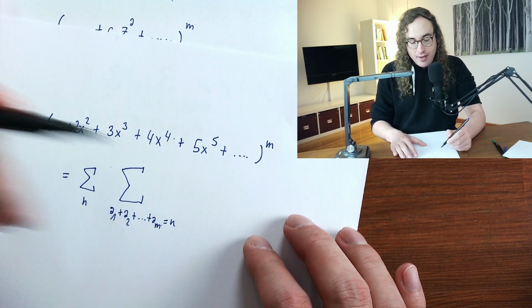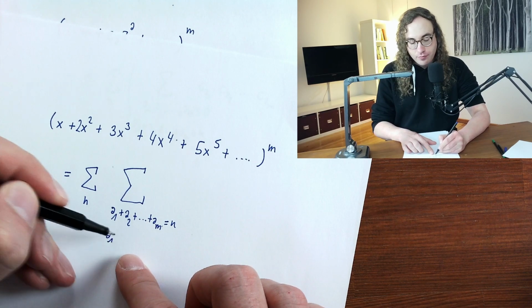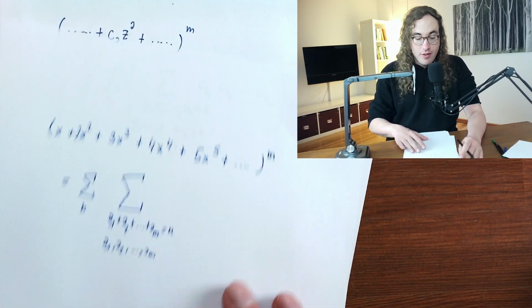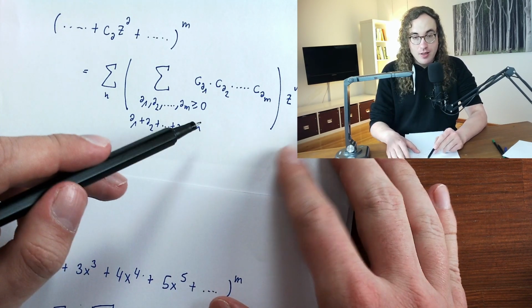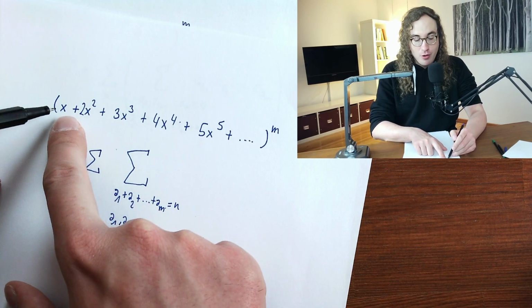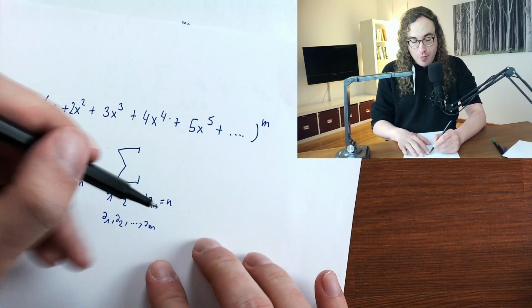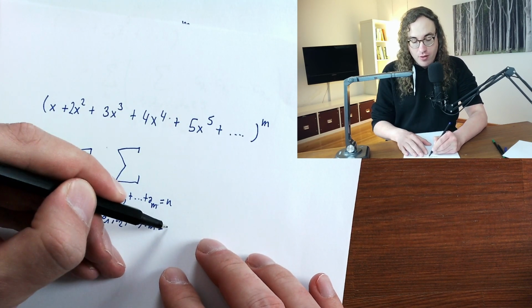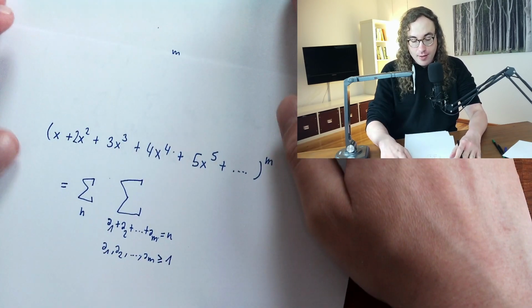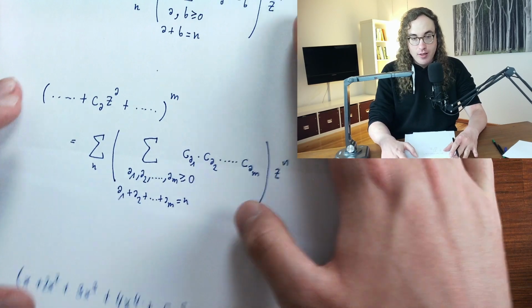They have to equal n. And I just forgot to write that also all of these are at least 1 in this case. Previously here I wrote at least 0, but note that in this product the exponent 0 never occurs. The smallest exponent which occurs is 1. So I might just as well demand that all of these are at least 1, and such that the sum is n. So this is exactly the same as we had up here.